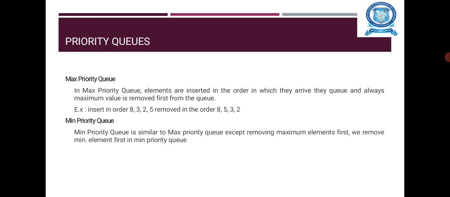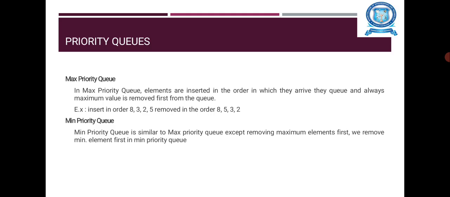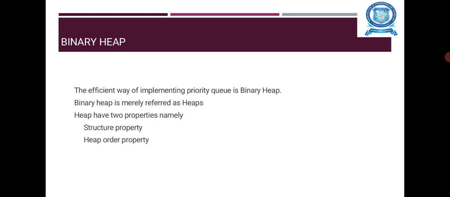In a general queue, the elements are arranged in order. Suppose you insert the first element; after completion of the work of that first element, that first element is deleted first. This is the technique behind the queue.